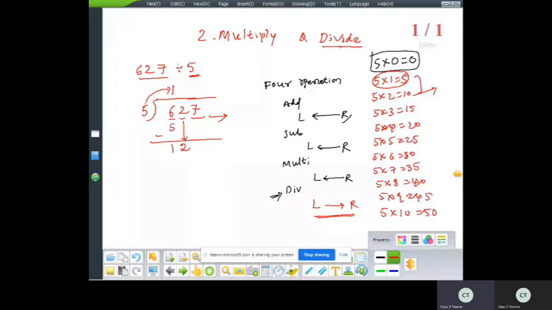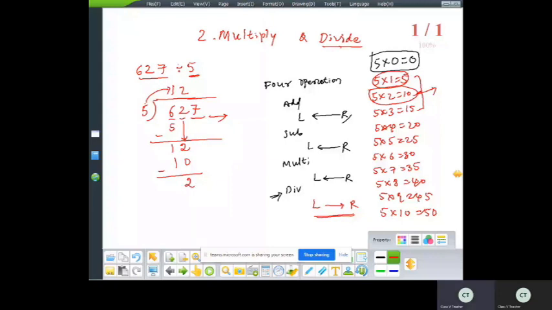The 12 lies between 10 and 15. 15 is more than 12. We take the value equal to 12 or less than 12. 5 twos are 10. Now 12 minus 10, only 2. The final digit 7 drops down.